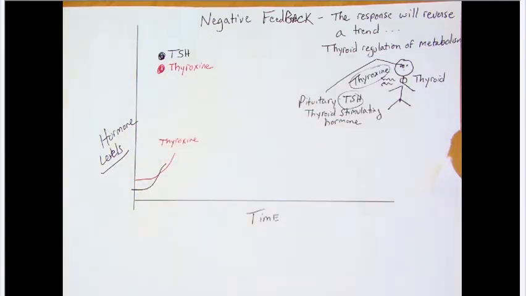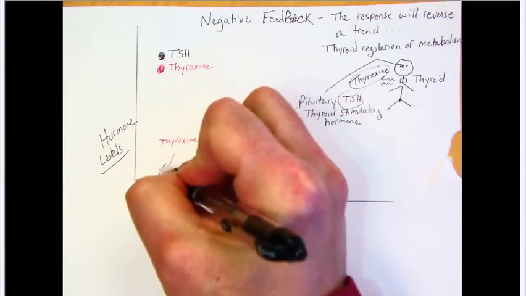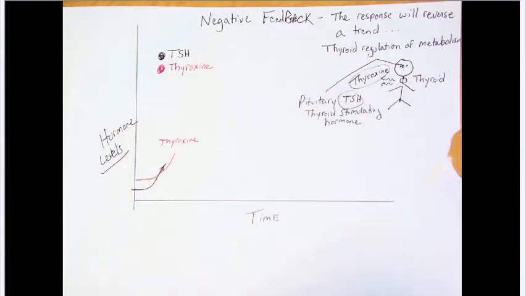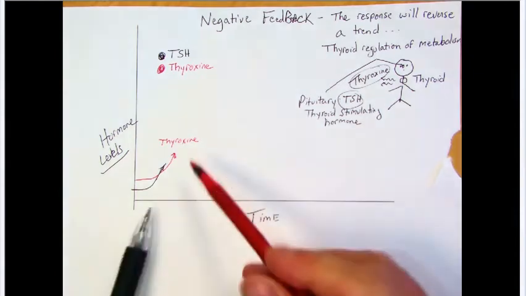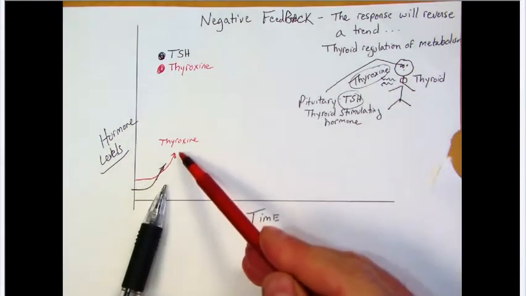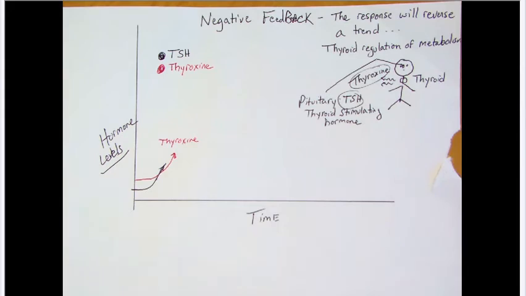So one causes an increase in the other. And there's a slight delay here, right? Notice the peak of thyroxine follows the peaking of TSH.